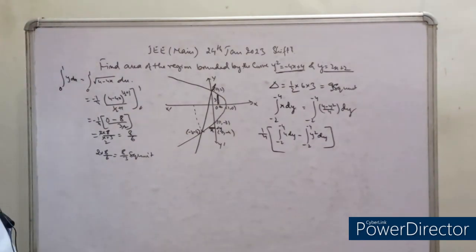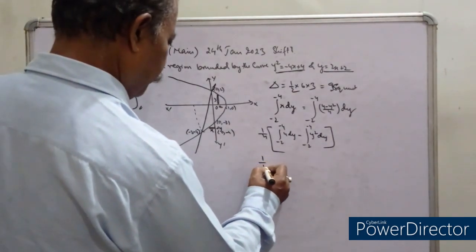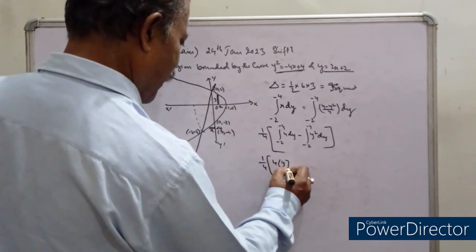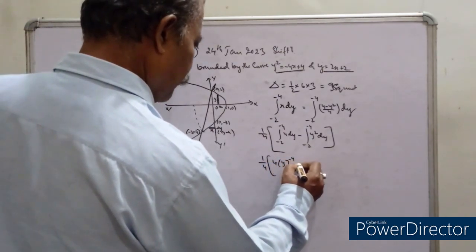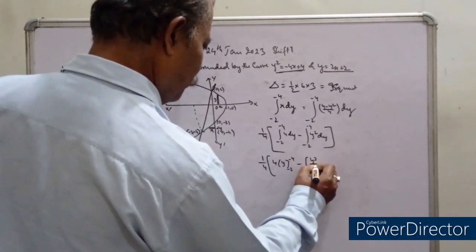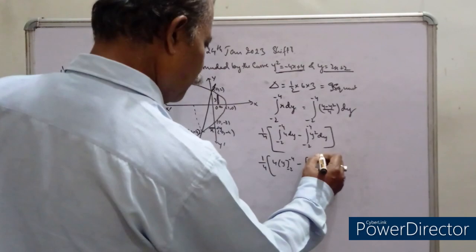So this will come out to be 1 by 4, 4y from minus 2 to minus 4, minus y cube by 3 from minus 2 to minus 4.